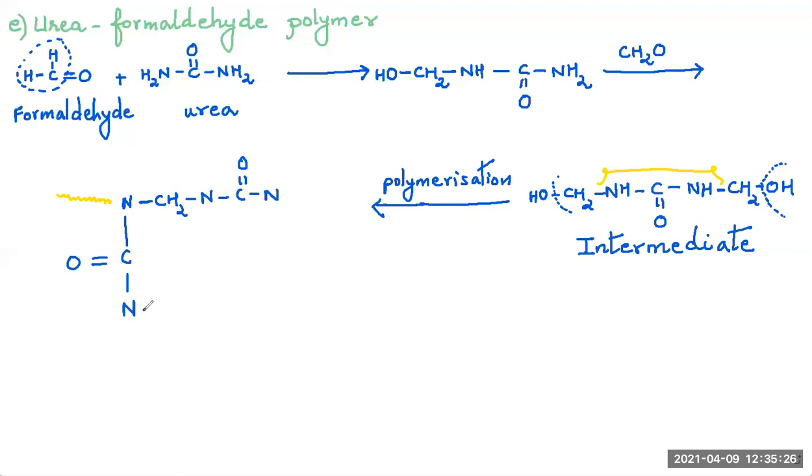Again, can you tell me what will come? NCON. No, first a formaldehyde methylene group in between to link. See, the urea will be linked by the formaldehyde link. Are you getting me? So NCON. Now just think what will come.